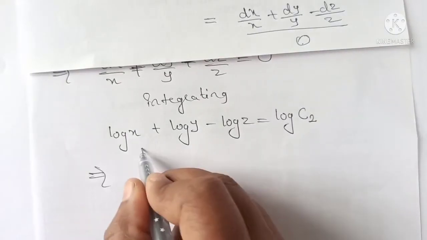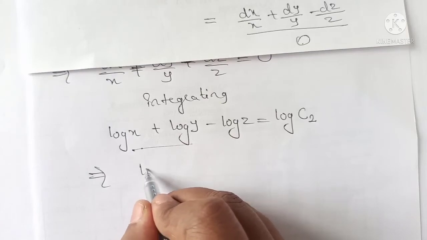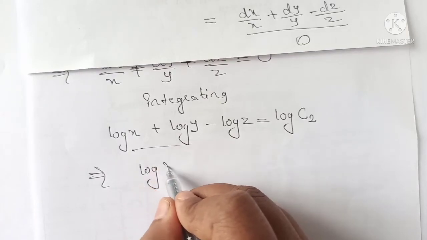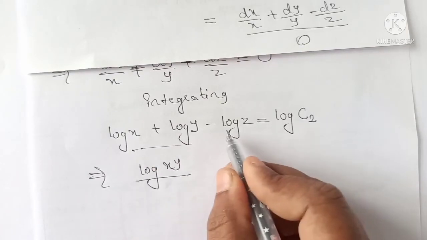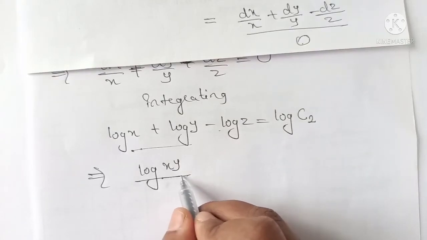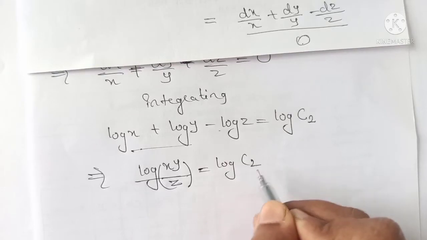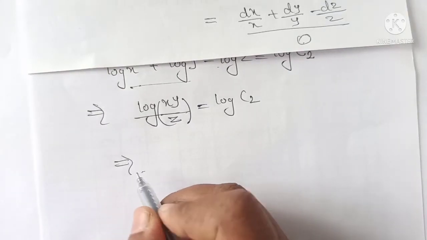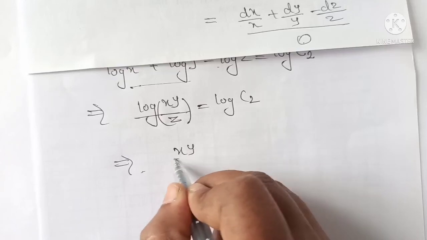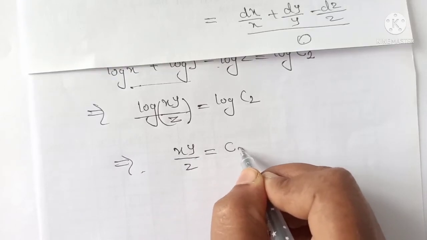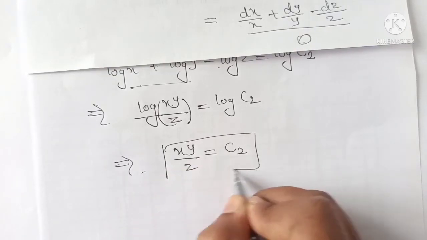Further simplifying, using the formula log m plus log n is log m into n, we get log of xy divided by z equals log c2, or xy divided by z is equal to c2. This is another set of solution.